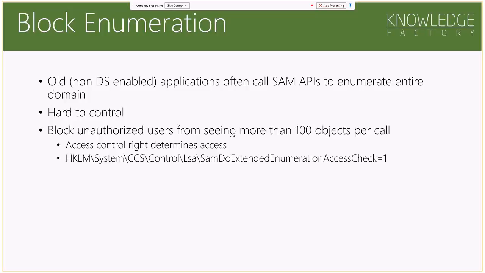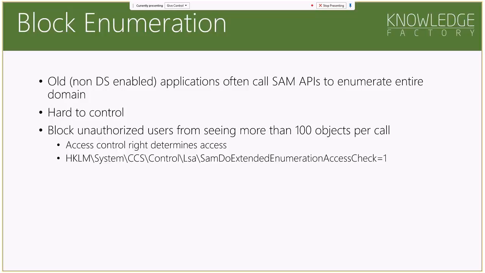So let's say you have an application that wants to get information from AD, it actually uses the SAM API, and then it gets everything back from AD, and then it starts sorting it locally instead of using proper calls and proper LDAP queries and so on and so forth.